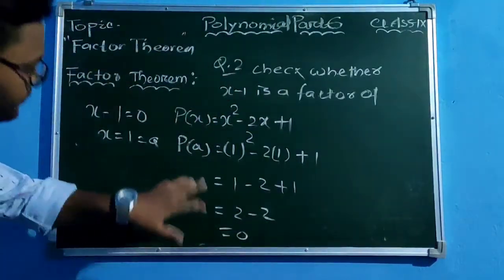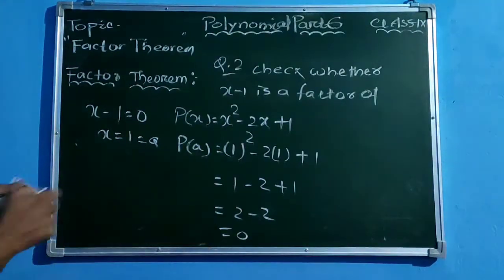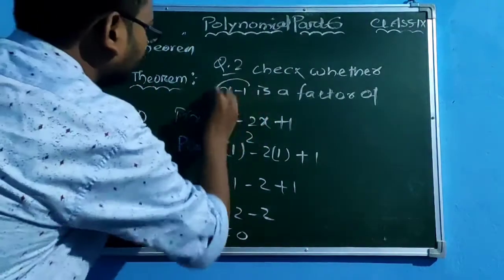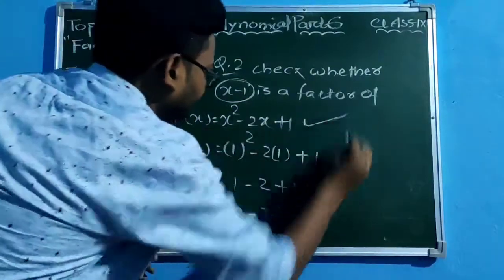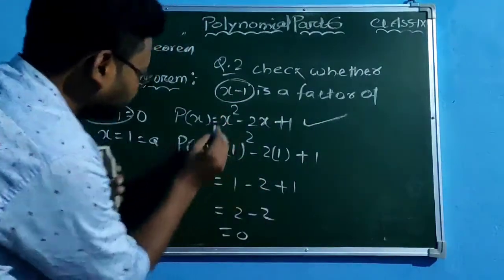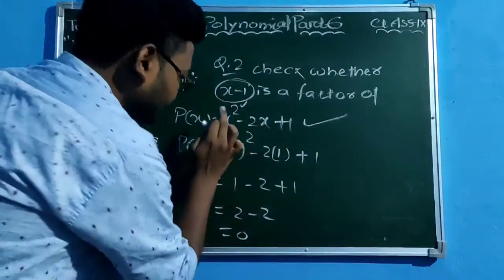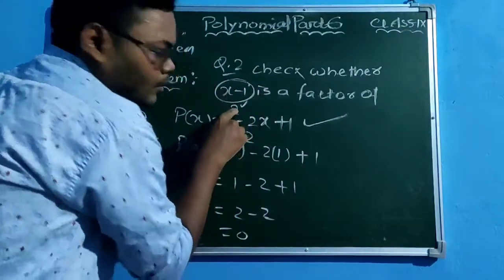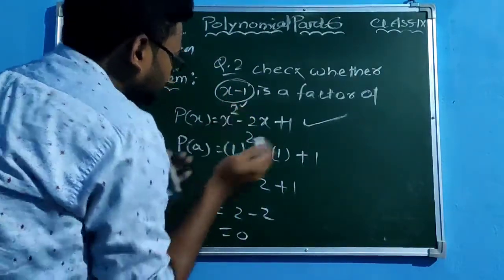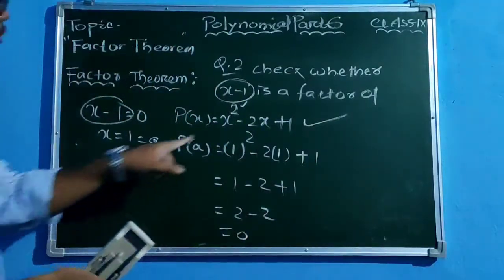Look, here p(a) is equal to 0, so it concludes that this linear polynomial is a factor of this polynomial. And remember, the degree of this polynomial must be greater than or equal to 1, and here it is 2, which is greater than 1.